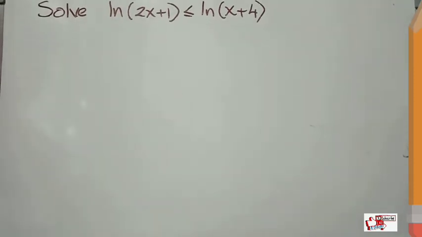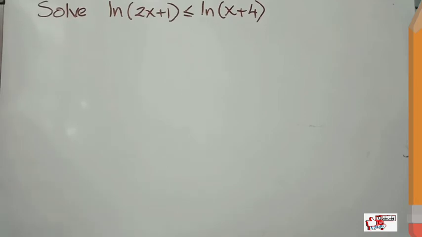Question: solve natural log (2x + 1) less than or equal to log (x + 4). This question deals with natural logarithm. As we know, all the rules are applicable for both logarithms. All the rules we learned today are also applicable here. So let's find the common values first.